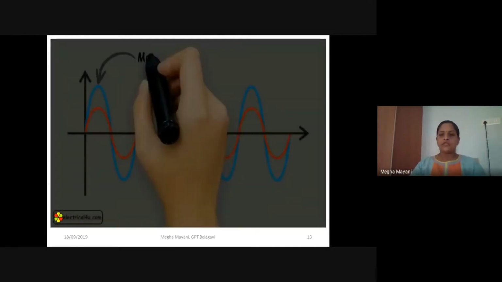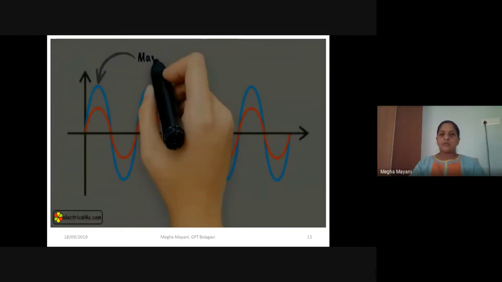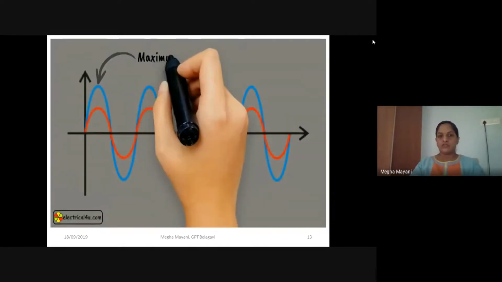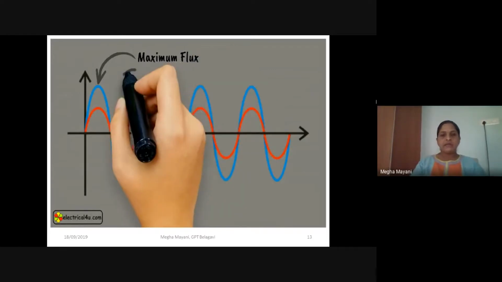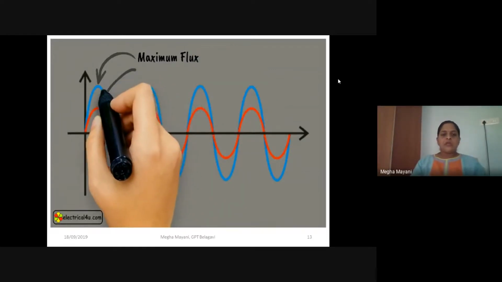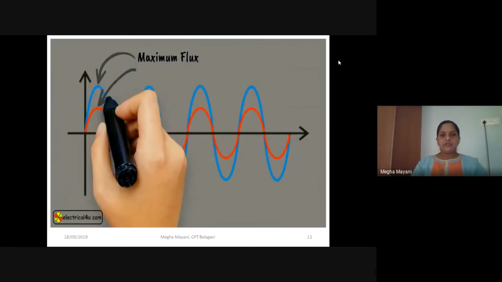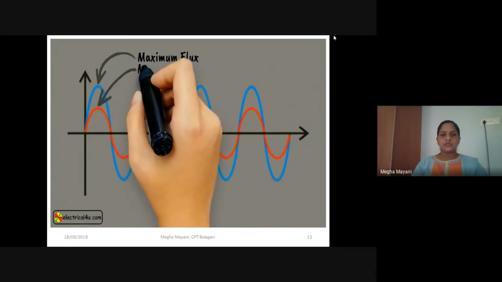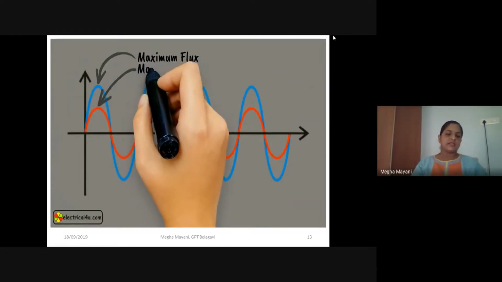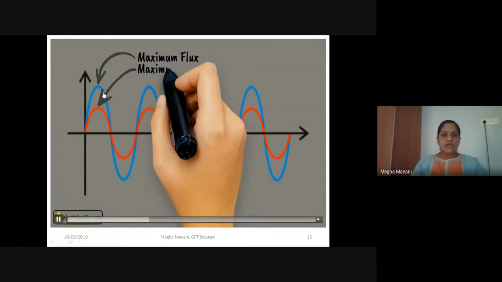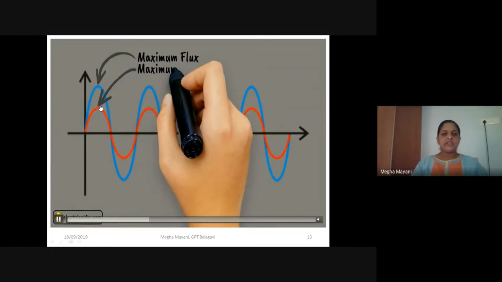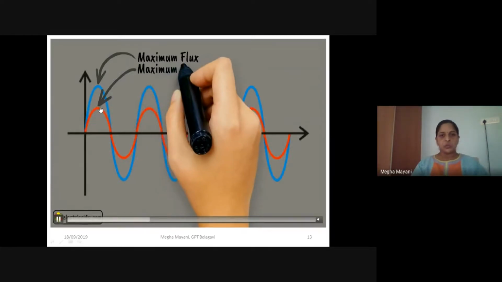Now if you try to plot the behavior of the flux as well as current, we have the variation of the flux in correspondence to the variation in the current. So we have a maximum flux at the point where we have a maximum current too.